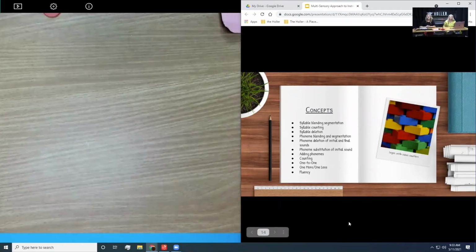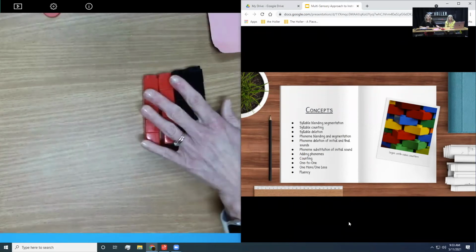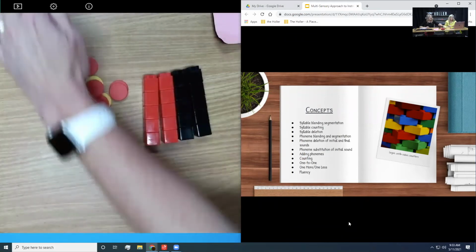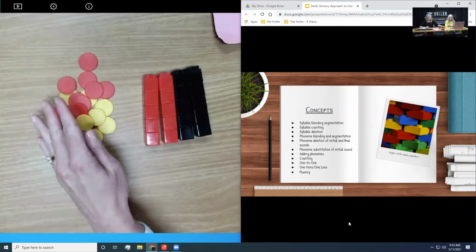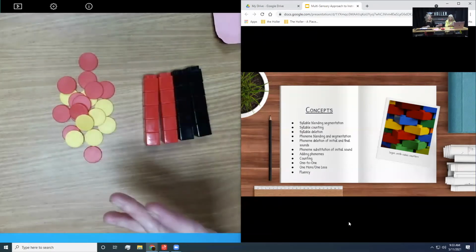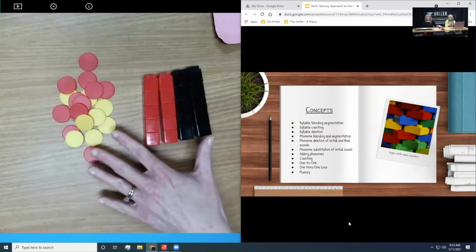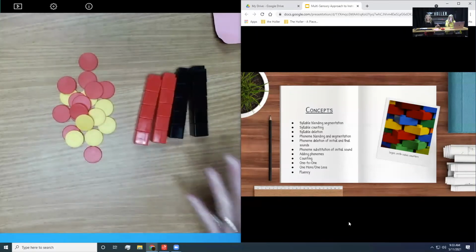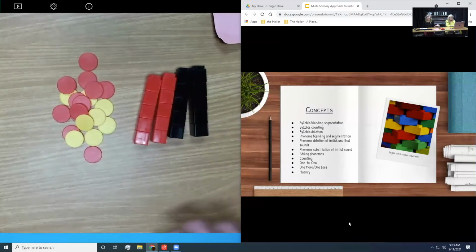Okay, so the next one is cubes. You have Unifix cubes and also some counters in your bag. For the most part, and we will distinguish, some of these activities you can use either or, interchangeably, more so with math than literacy.